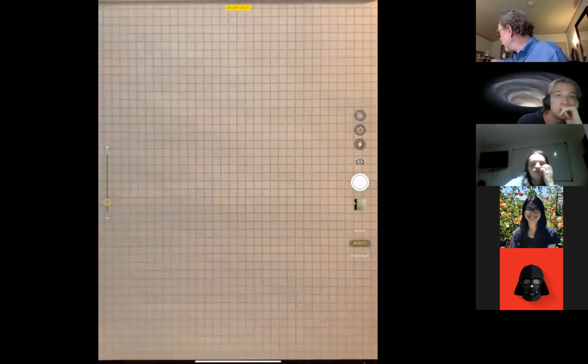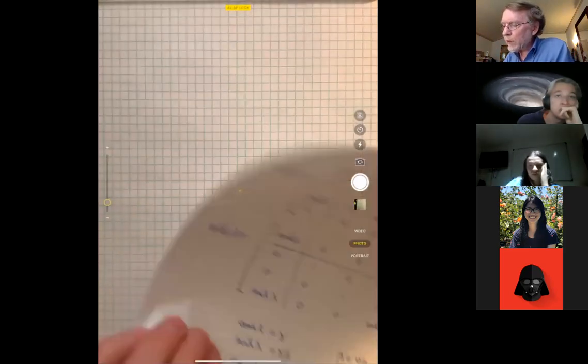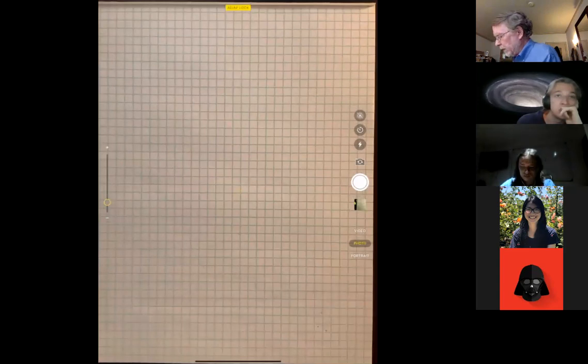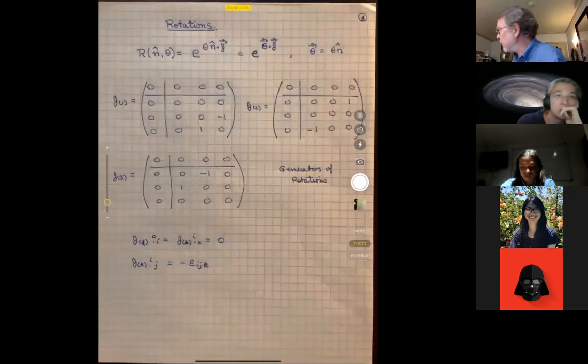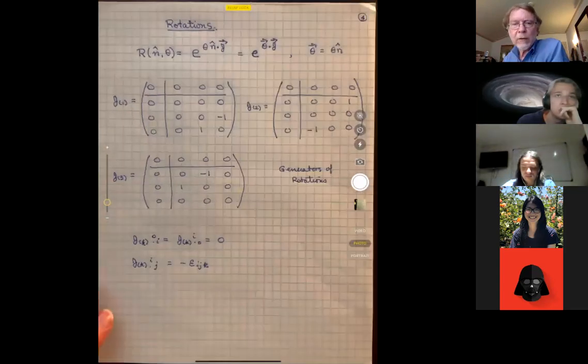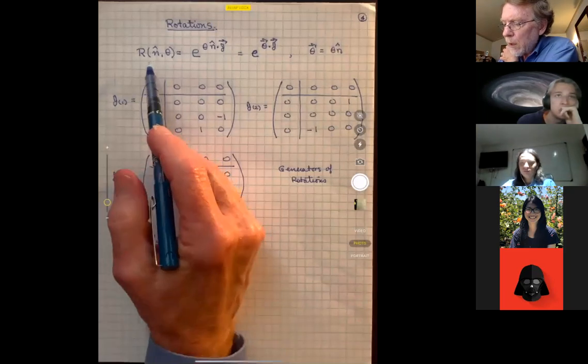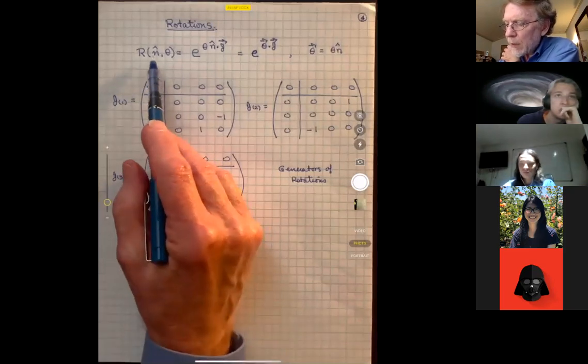Now, as long as I'm talking about rotations, let me mention a few more things that we learned last semester. Something else we learned about rotations is that they can be written in exponential form. Here n hat is the axis, theta is the angle.